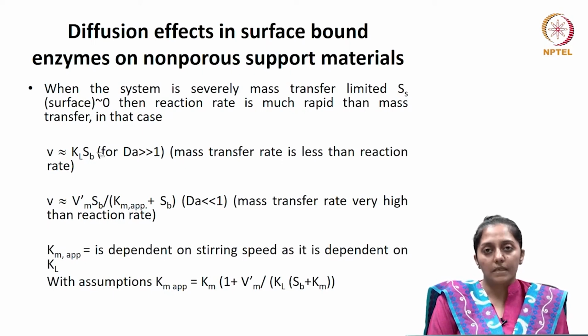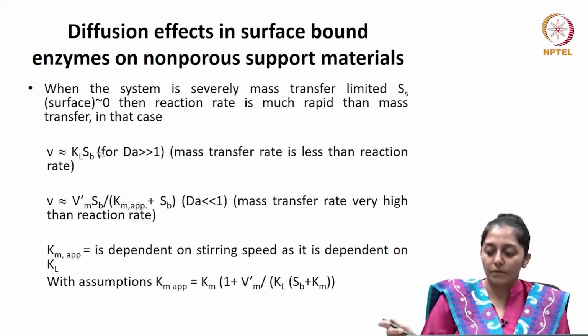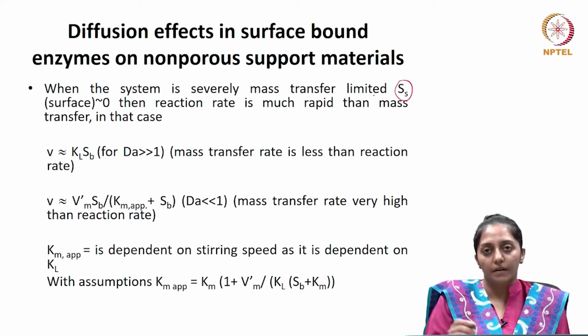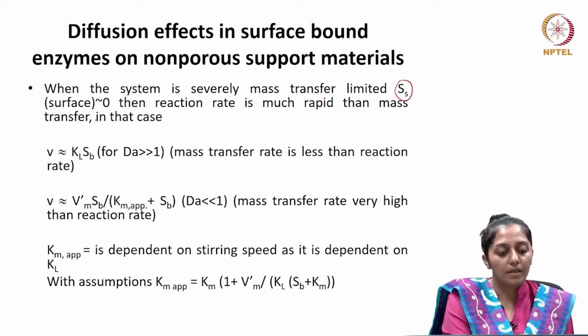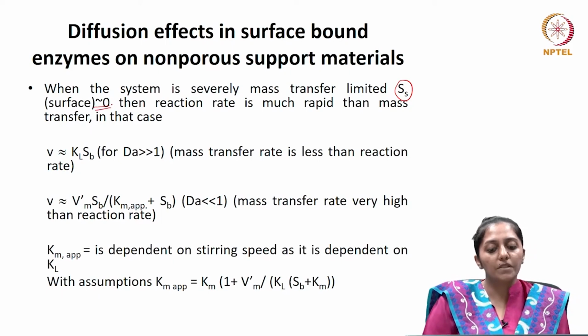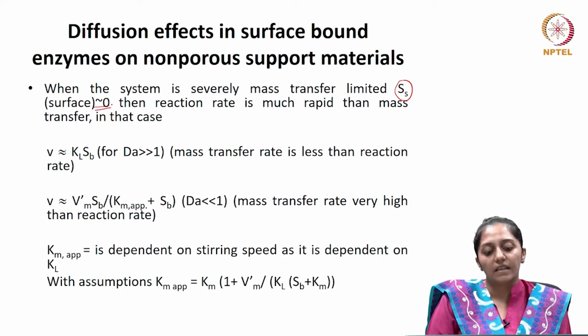Now, if this system is severely mass transfer limited, S_S, the concentration of the substrate reaching the surface where the enzyme is bound or attached, will become nearly equal to 0. In this case, the reaction rate would be much more rapid than the mass transfer.